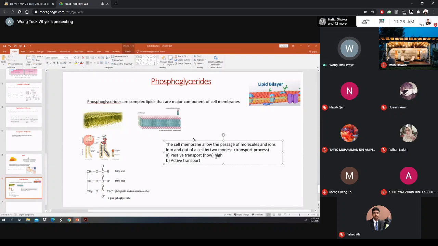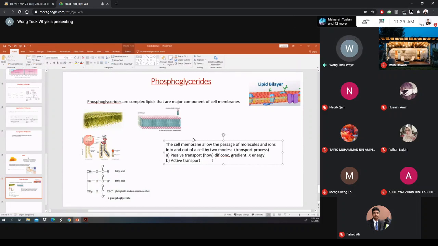So we have different concentrations, and then we have gradients. Then we have also energy. No energy is needed. So it's very basic to understand what is meant by passive transport.